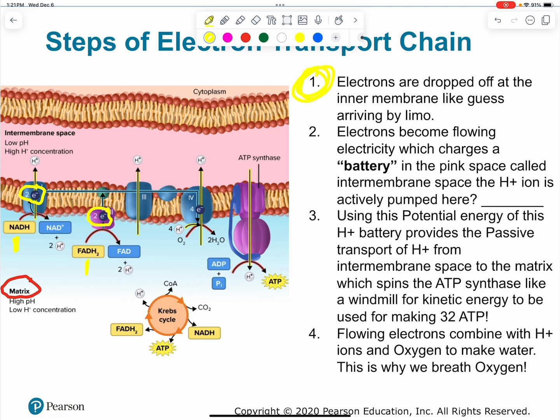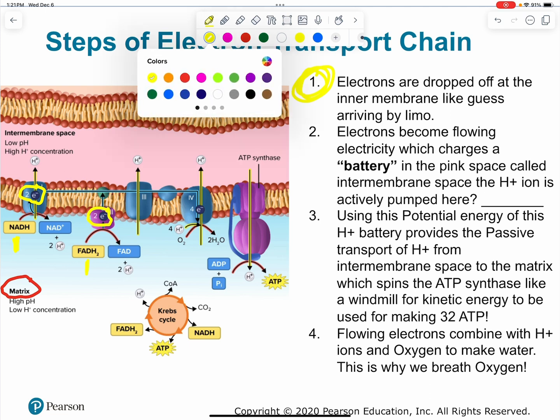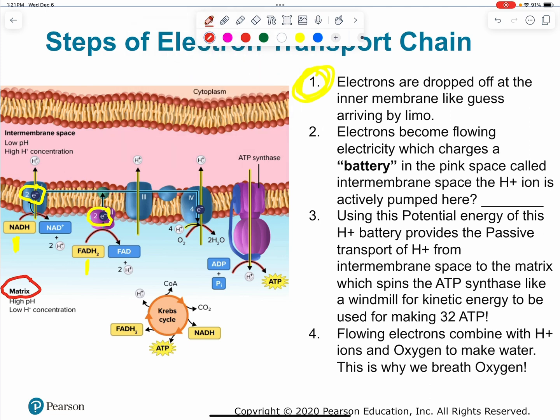So now I'm going to change colors, and we're going to go to red. Circling step number 2. Now I'm going to draw a red line. It has a starting place and an ending place where these electrons are flowing.